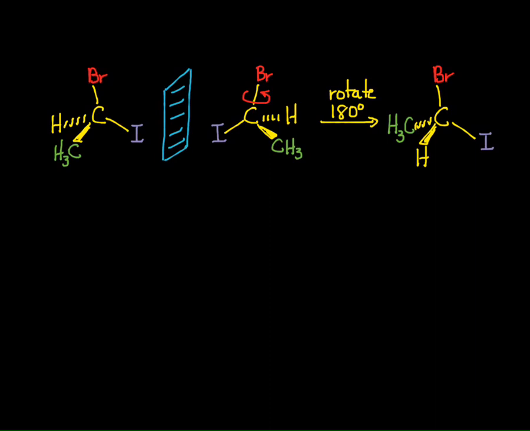So now I look and I see that, oh, this molecule that I've now created is not superimposable with my mirror image. So it is a non-superimposable mirror image of my original configuration. That is the definition of a molecule that is chiral. We're going to explore this in greater detail, obviously, throughout the chapter.